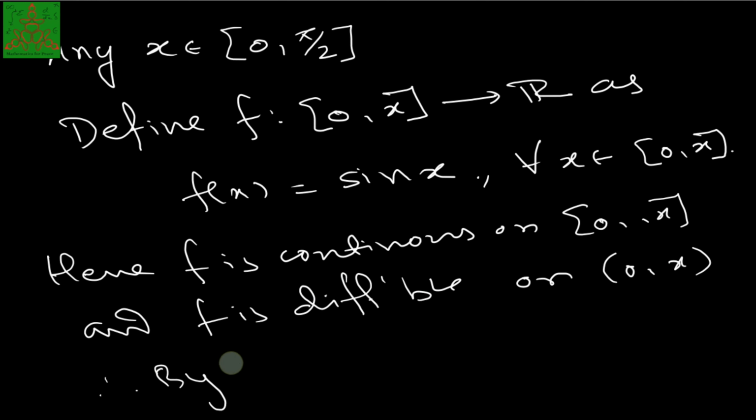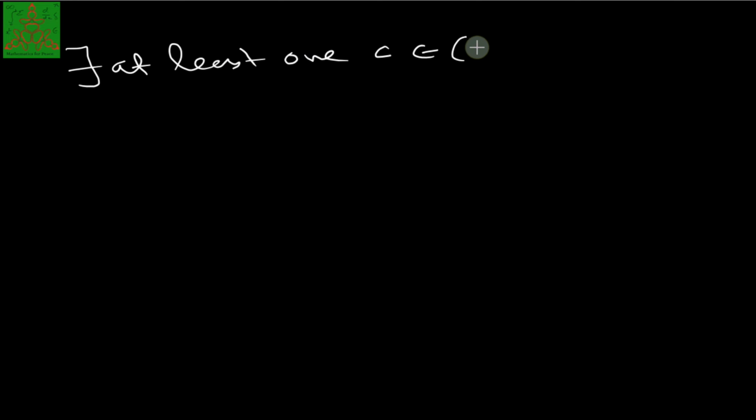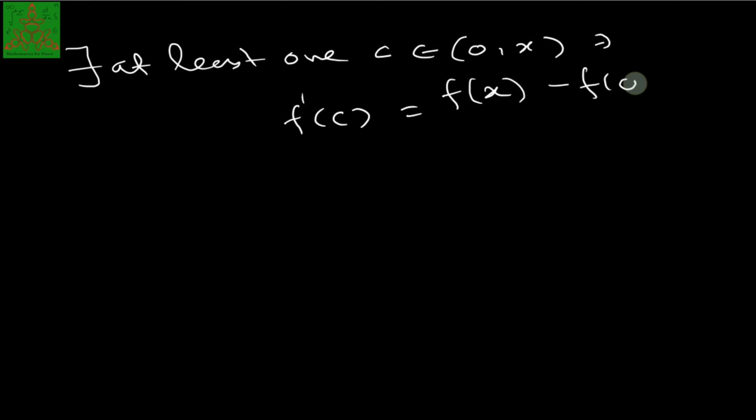Therefore by LMVT, we can say there exists at least one c in between 0 to x such that f dash of c is equal to f of b minus f of a, but b is x here, so it is f of x minus f of 0 upon x minus 0.